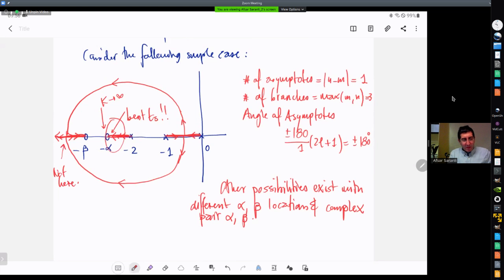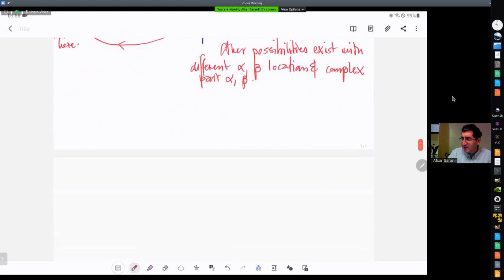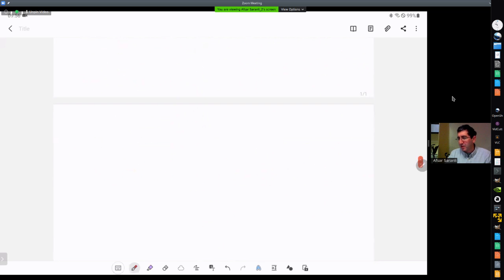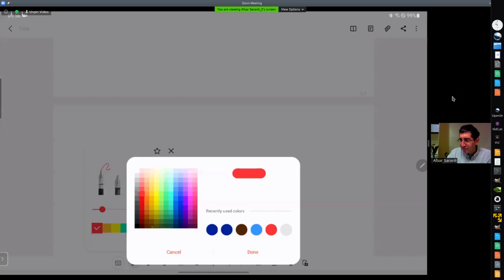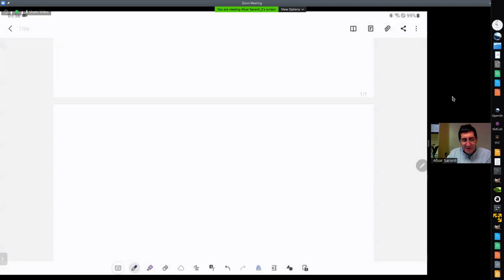All right. Now I want to wrap up this PID controller issue, or at least with the root locus, with some discussion on what kind of properties we have. Okay, so I'm going to call this practical considerations about the PID controller.